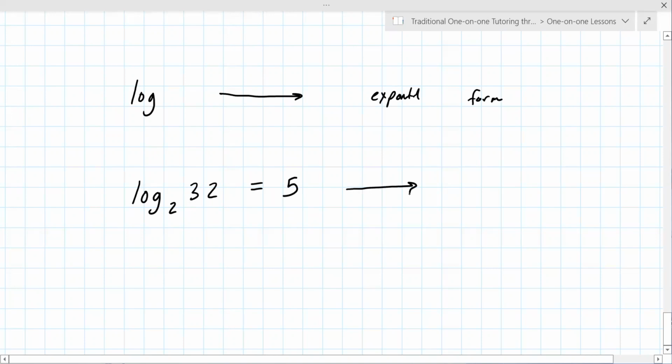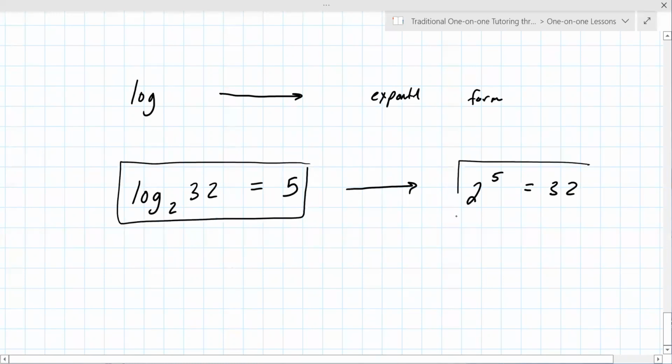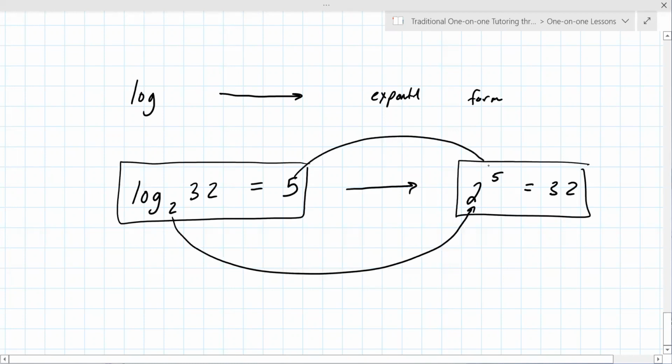I'm going to give you the answer, and then we're going to talk about how you get the answer if you want. What most students just want to remember is a sample problem. They want to know where the things map. The 2 becomes the 2 in the base, the 5 becomes the exponent, and the 32 is the number on the other side of the equation.